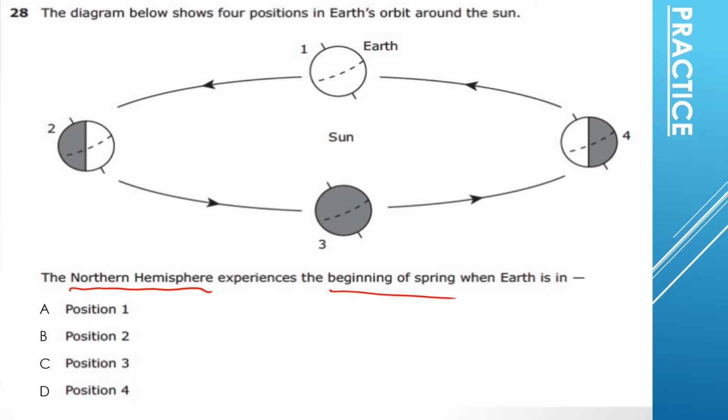And we're looking for when the beginning of spring is. So I'm going to make sure I know where my axis is. There's one of them. There's another, and another. So I know what direction my axis is towards the sun. So I'm going to label that like this.